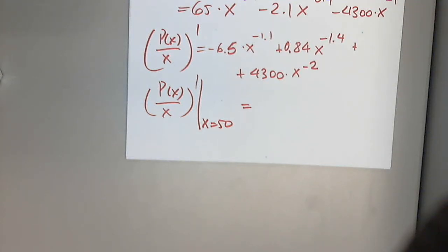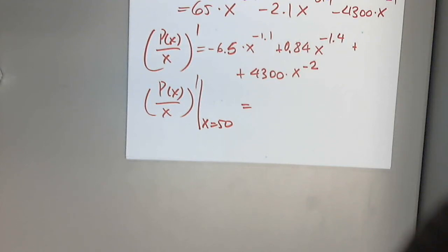So negative 6.5 multiplied by 50 raised to the power in parentheses negative 1.1. Close the parenthesis, come down from there, plus 0.84 times 50 caret in parentheses negative 1.4.